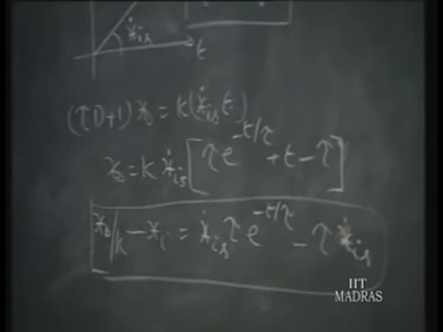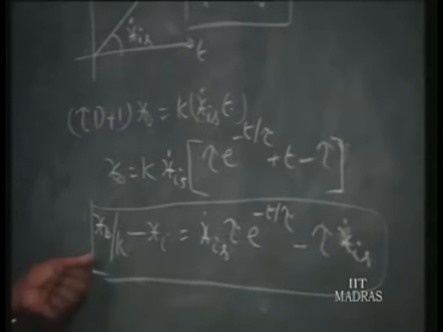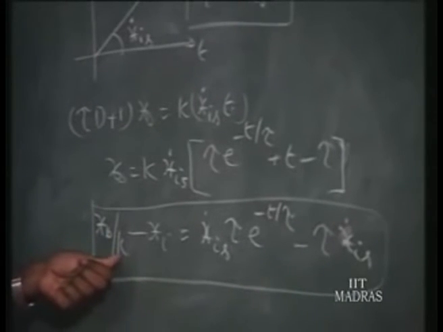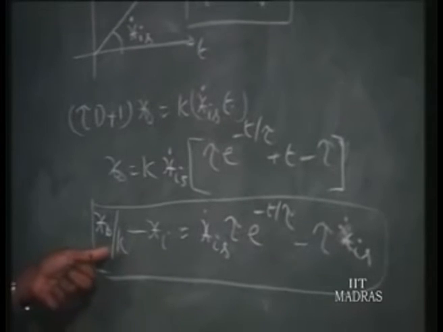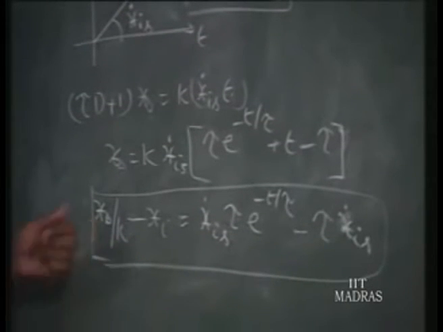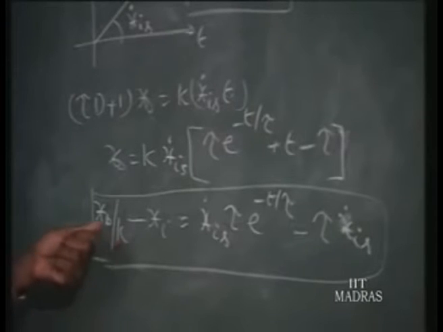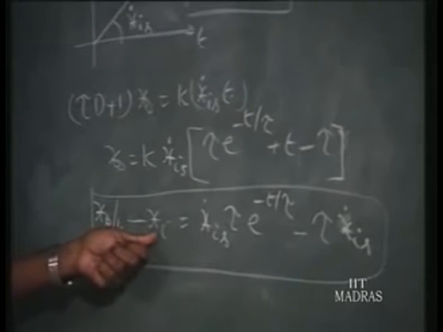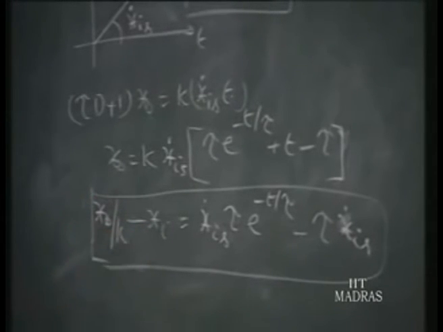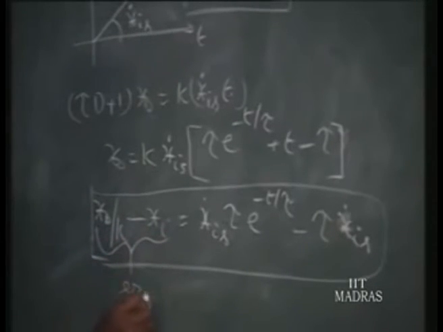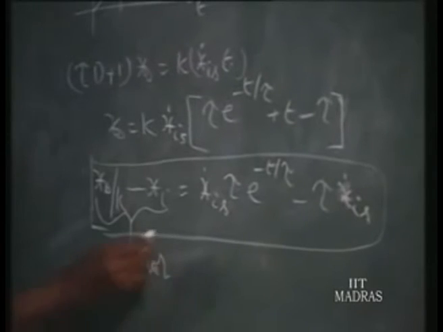Now it has got an interesting shape. xo by k should be equal to xi if the instrument doesn't pose any error. So if there is error, xo by k, that's the ideal value, is subtracted from the actual value xi, and this is actually our error at any instant.